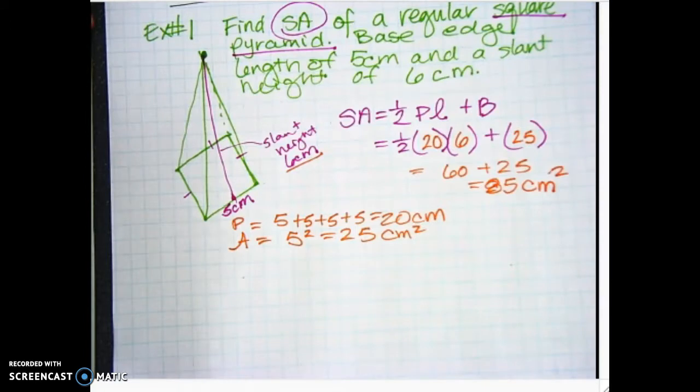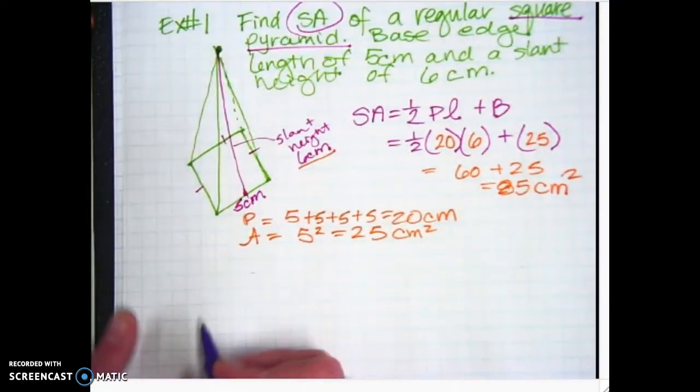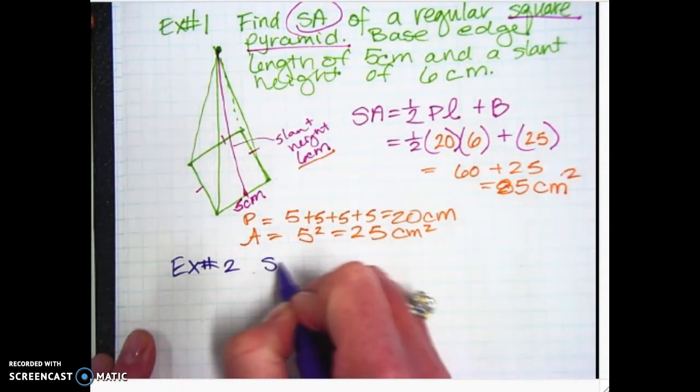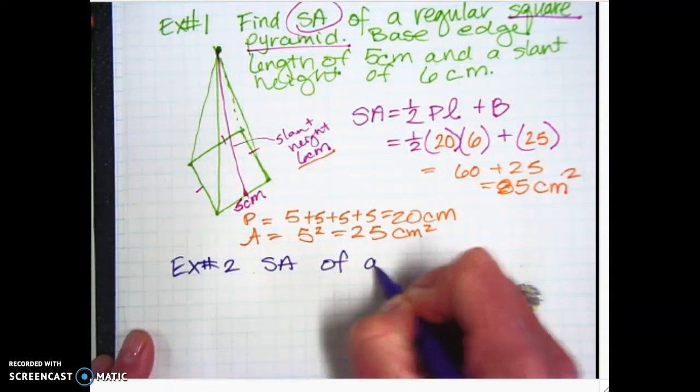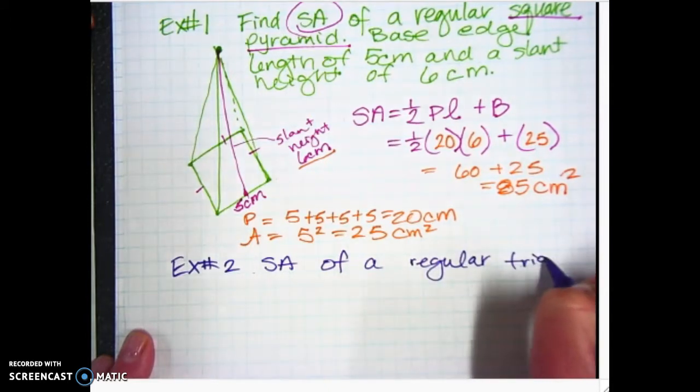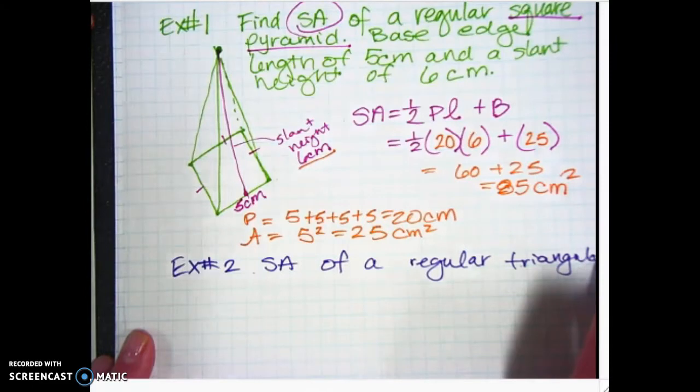All right. So let's try one with a triangular base. So example number 2, we're going to get the surface area of a regular triangular pyramid.